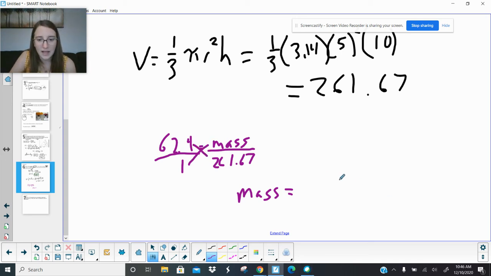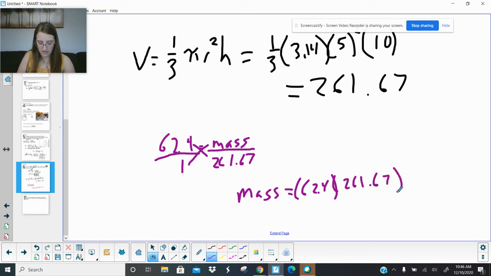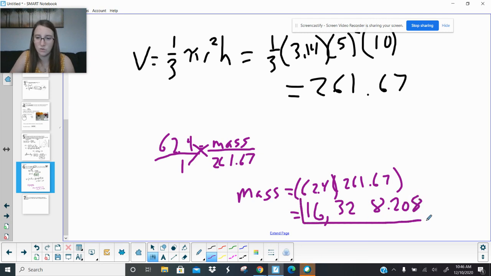And then I'm going to multiply these two things together. 62.4 times 261.67. And this is my answer. So we got 62.4 times 261.67. So we're going to have a pretty big mass here, 16,328.208. I'll write the whole thing just so we can see the whole thing.